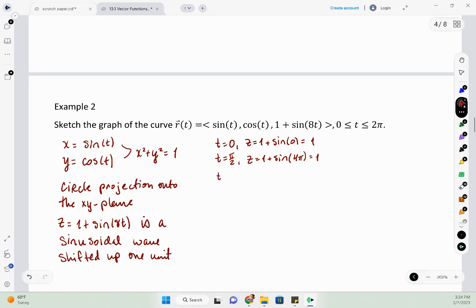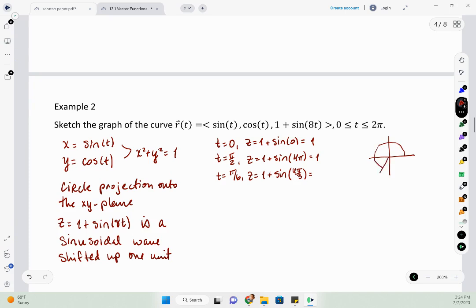We'll have t equal to, let's see, if we did pi sixths, z is equal to 1 plus sine of 8 pi over 6, which will be 4 pi over 3. Okay, well that's a little bit better. So 4 pi over 3, start over here, 1 pi over 3 is about right there. 2 pi over 3 is about right there. 3 pi over 3 is about right there.